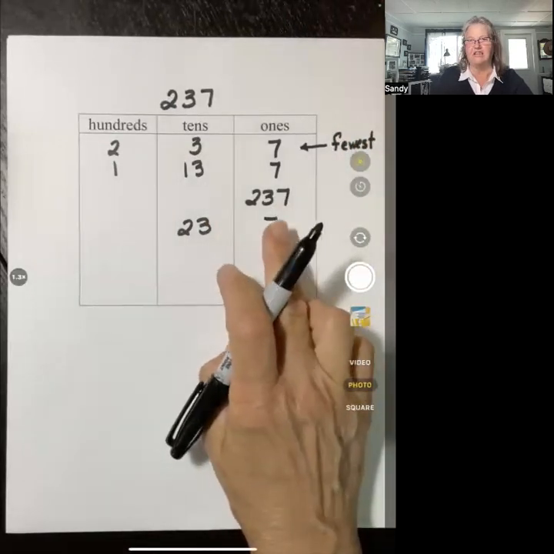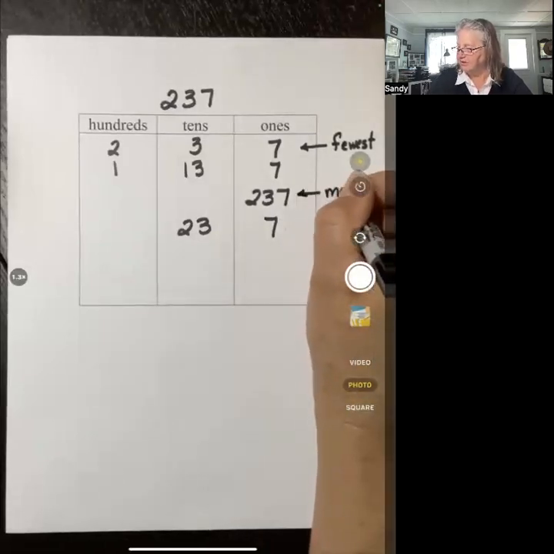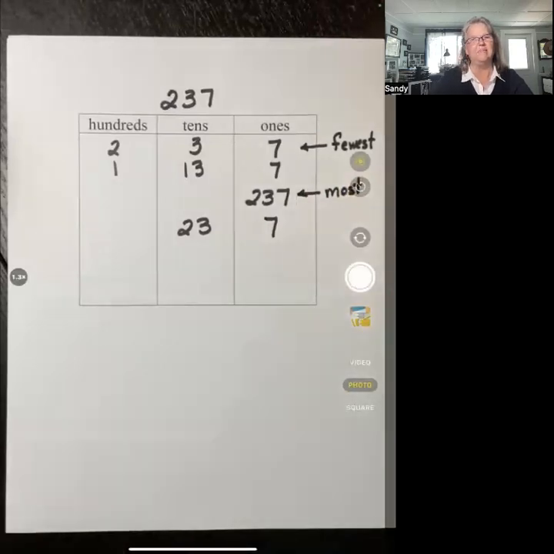If I think of it this way, 237 ones, that uses the most pieces. But think about even if I'm making $2.37, there's a way I can make it using the fewest pieces of currency. And then I can also pull out 237 pennies and make $2.37 that way.